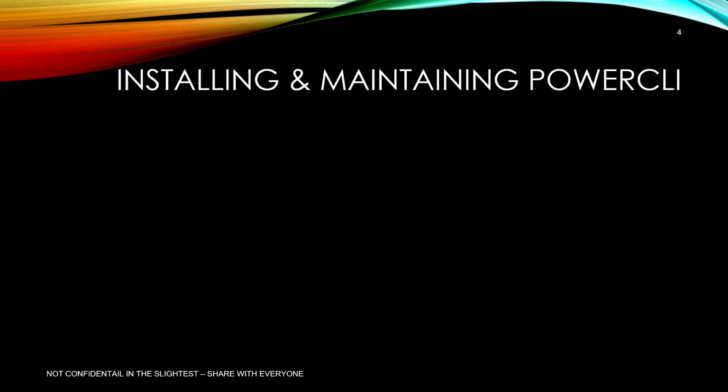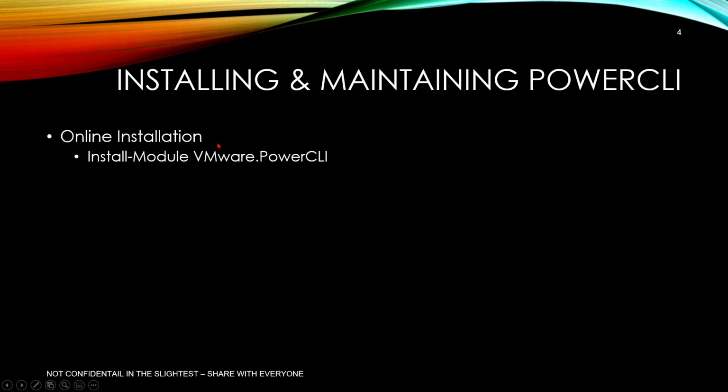Okay, so how do we get PowerCLI, which is the VMware PowerShell modules, onto a system? Much easier now than it used to be because we have the ability to do online installation, as long as you trust the sources where those come from. So we can just do an Install-Module VMware.PowerCLI, and we're installing it.